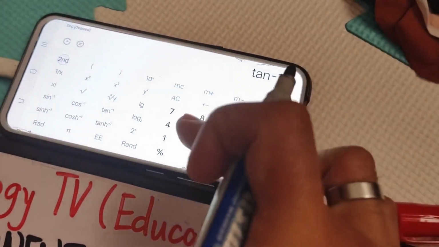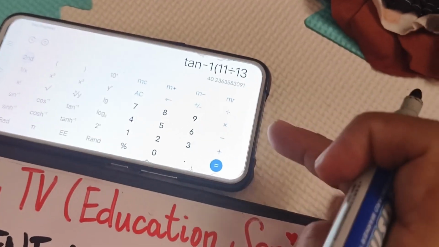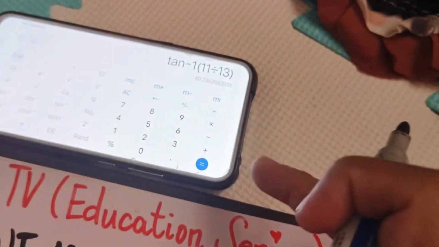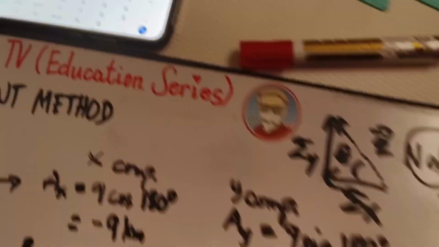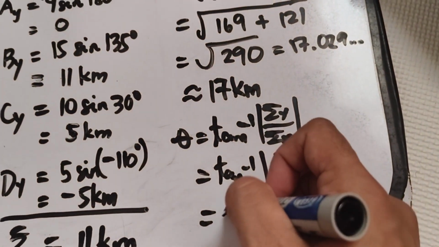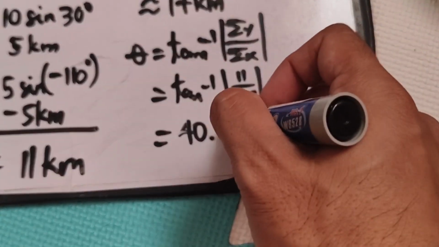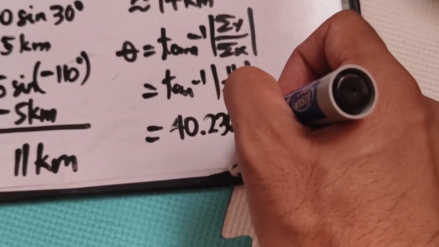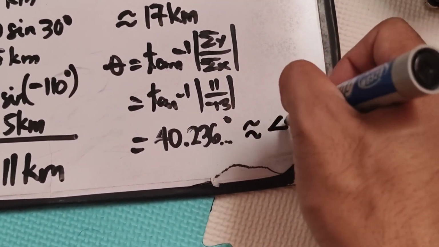Shift. So syempre kailangan mag-print inverse tangent of 11 over 13. And the answer is 40.236 and so on degrees, or approximately 40 degrees.